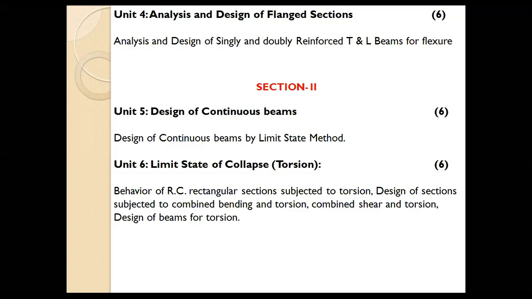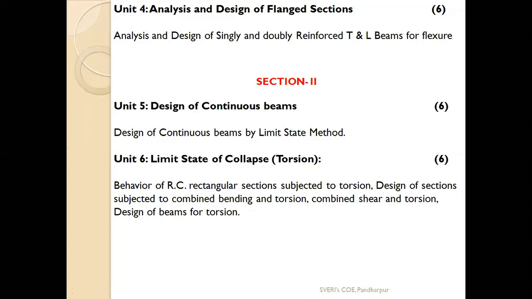If it carries a point load W anywhere on the beam, at a distance small a from the left end and at a distance small b from the right end, and the total length is L, then the bending moment will be Wab by L. Similarly, you know that for a simply supported beam carrying UDL throughout the span, the formula is WL square by 8. Similarly, you know the formulas for a cantilever beam carrying point load and UDL.